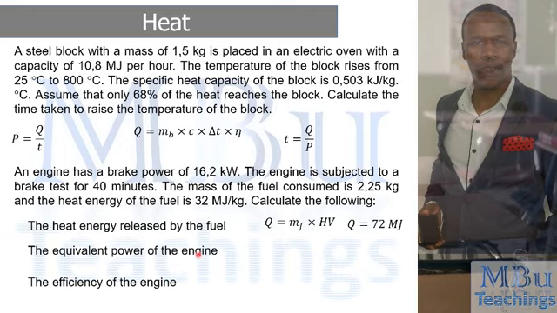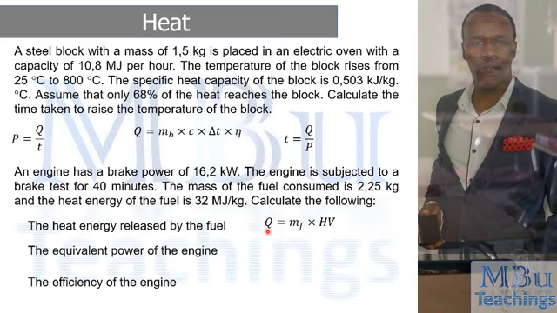Next, the equivalent power of an engine. Obviously, this will be the formula for power, as we saw from the previous example. Then we have Q. I'm sorry guys, I'm not sure whether you were hearing me before, but I'm back again. Now we are asked to calculate the equivalent power of this engine.